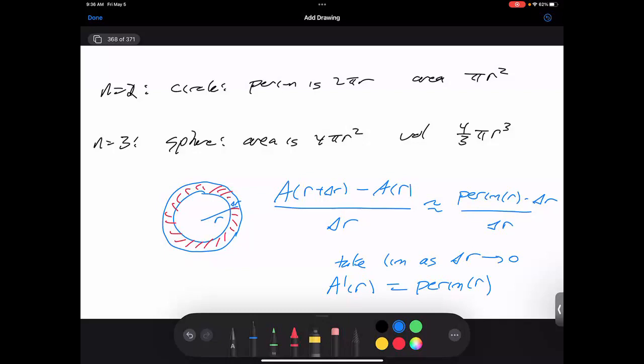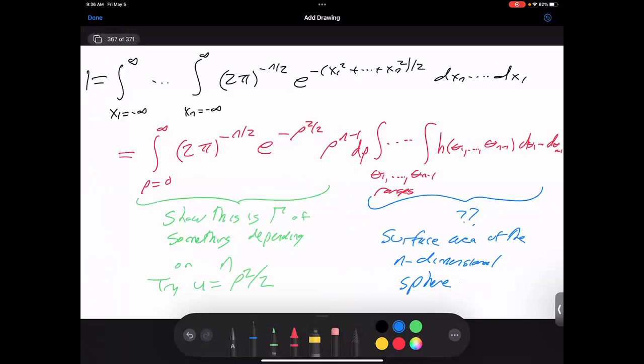And so why is this useful? Well, in terms of what's going on here, the only thing I don't know is the surface area. With a little bit of work, you can interpret what we're doing here as this is going to give us the surface area. Because when I'm thinking about my integration, my function is constant on the surface of the n-dimensional sphere. It only depends on my distance from the origin.